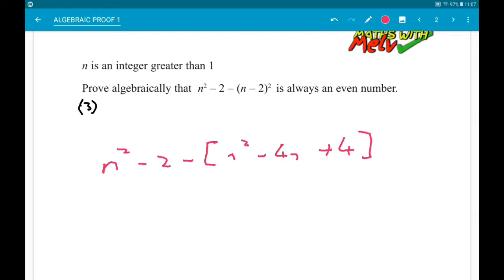Okay, now we're going to let the negative into those square brackets. So we have n squared minus 2 minus n squared minus 4n, so that's add 4n, and then minus 4.